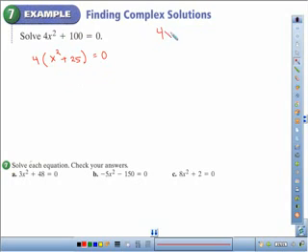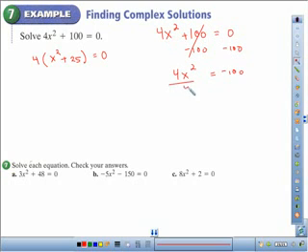So let's start with the problem again. Now the square roots method, like we talked about in 5.5, we're trying to get x squared by itself. So we're going to minus 100. We get 4x squared is equal to negative 100. Divide by 4. x squared is equal to negative 25.